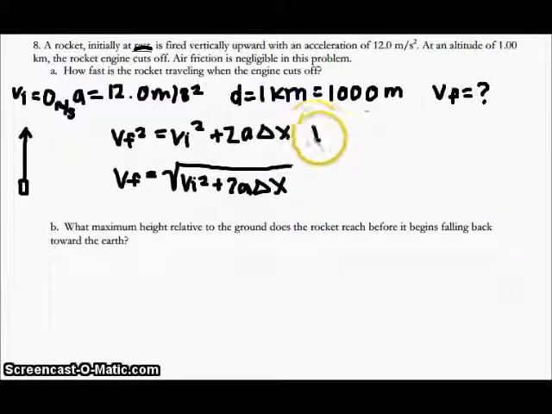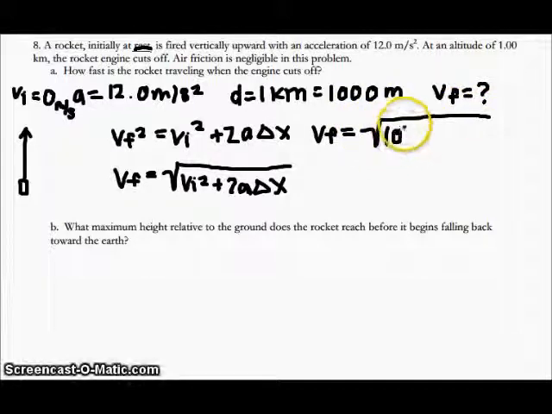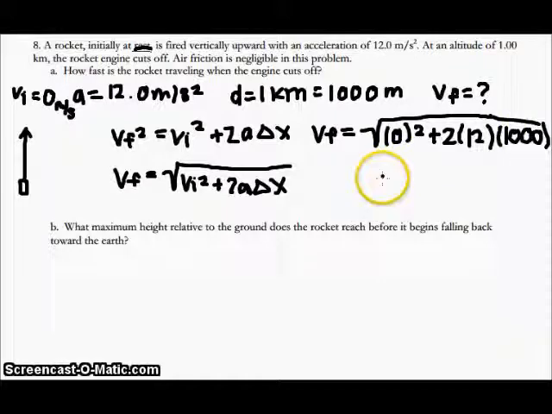So we plug in our numbers, and that gives us the initial velocity is 0 squared plus 2 times the acceleration, 12, times 1,000 meters. Then if we type that in the calculator, it will give us 155, and then we can't forget the units, meters per second.